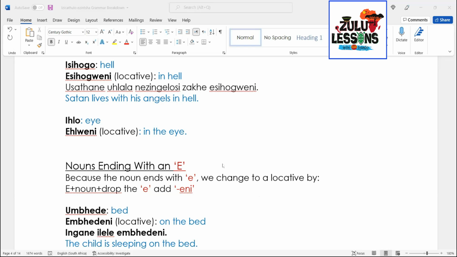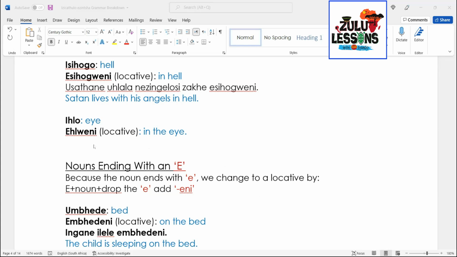The last example we can make here is ihlo or ilihlo. Both are correct. Ihlo is an eye. So the locative for that will be ehlweni, ehlweni.